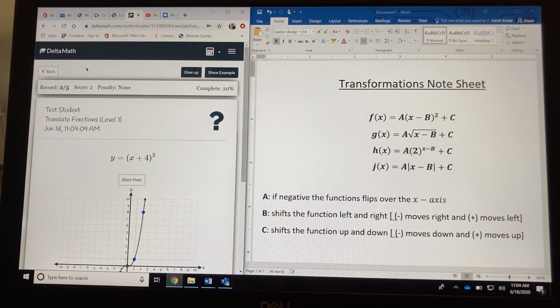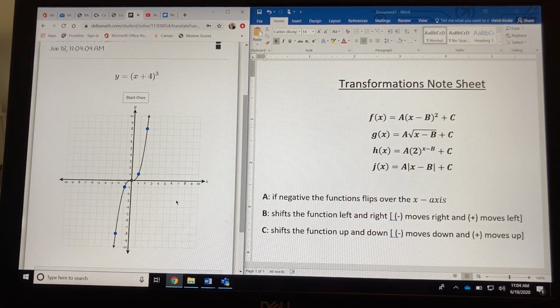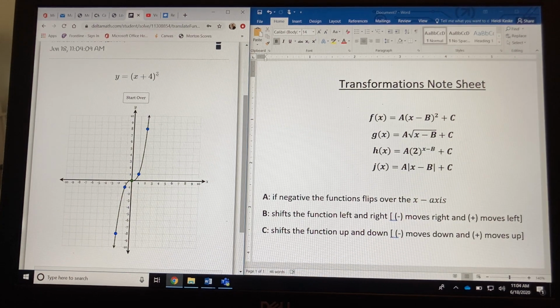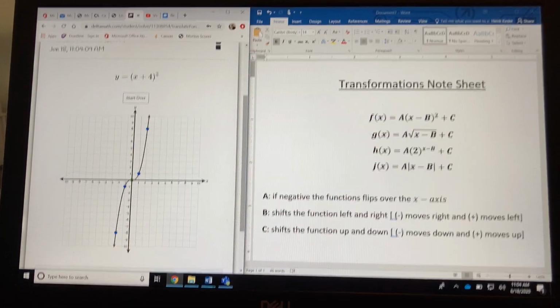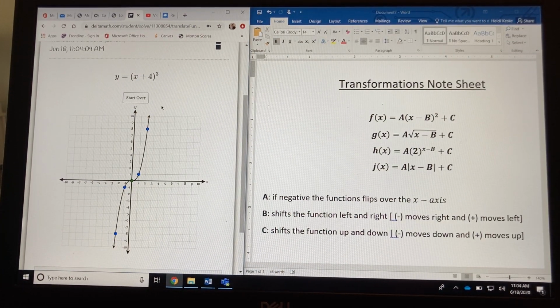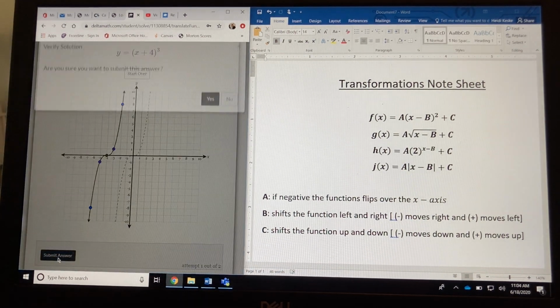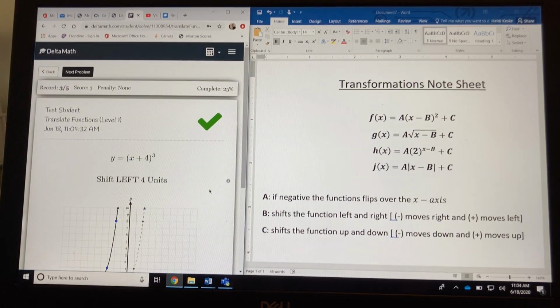Let's look at another one. So now this one, it's a cubic, but it's exactly the same as the types of functions over here. It's a plus 4 on the inside. So that means it moves to the left 4 because it's the opposite of what we would think. So I would move it to the left 4 and submit. And there.